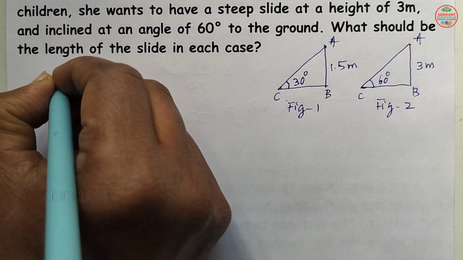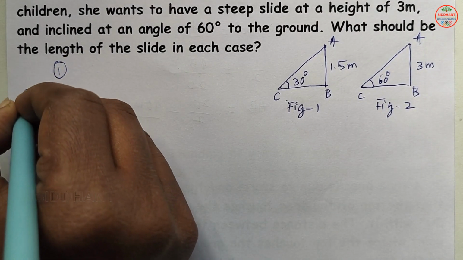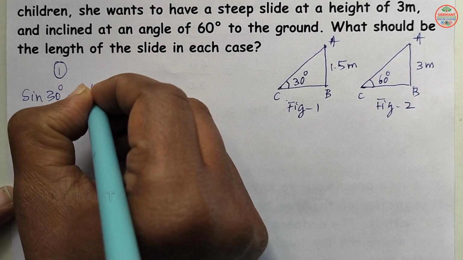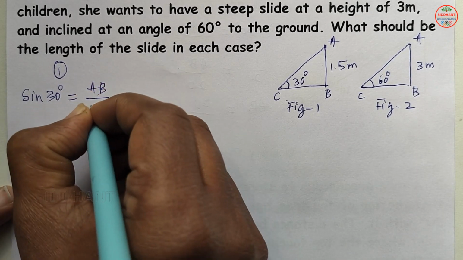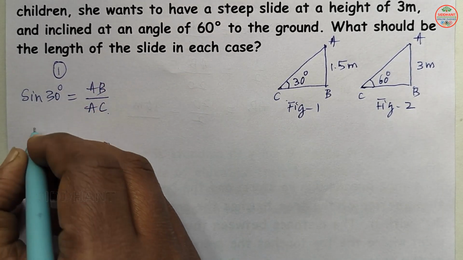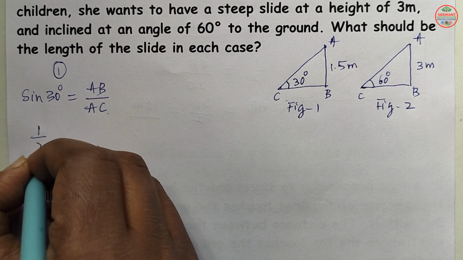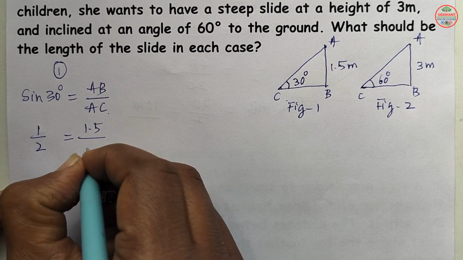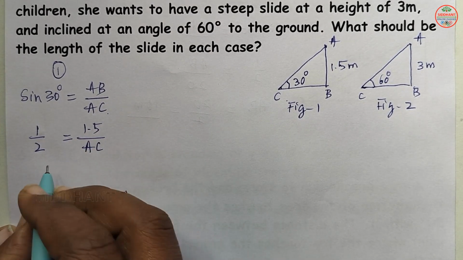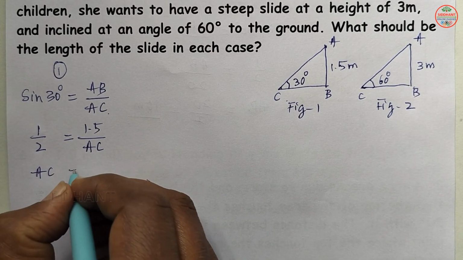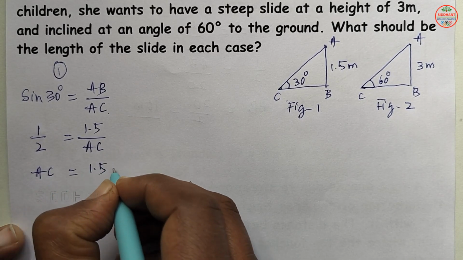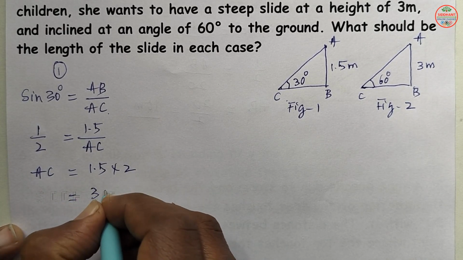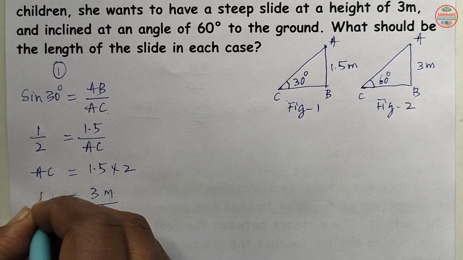In one case we take sin 30, which is AB by AC. So sin 30 is how much? 1 by 2. AB is 1.5 by AC. So AC equals 1.5 into 2, that will be 3 meters. So AC equals 3 meters.